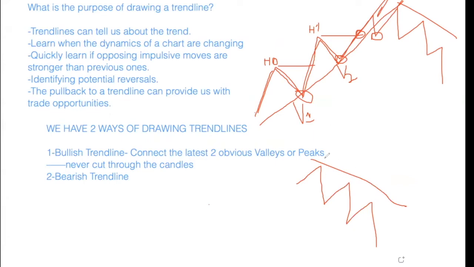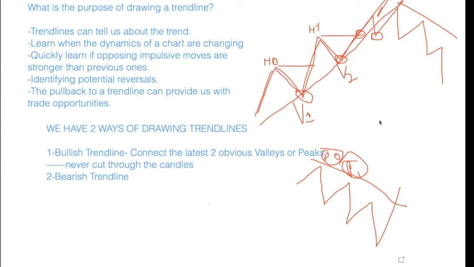Here you will have a peak, peak 0, and then peak 1. So you connect the latest two peaks. You should always update your chart. When this line is crossed, you have to consider changing your way of looking at the market, like now we are going up.